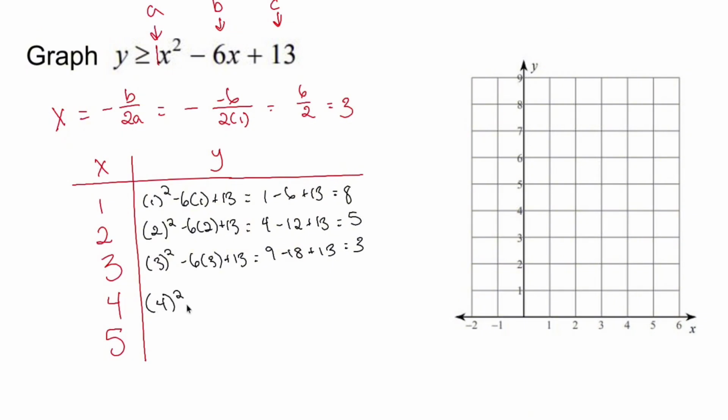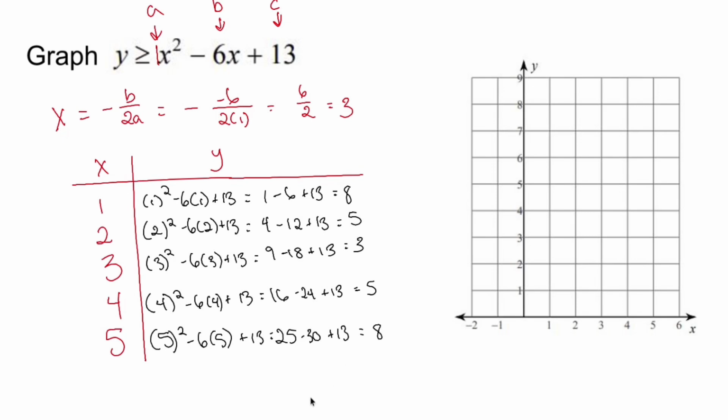4 squared minus 6 times 4 plus 13 is going to equal 16 minus 24 plus 13, which is 5. And last but not least, 5 squared minus 6 times 5 plus 13 equals 25 minus 30 plus 13, which equals 8.